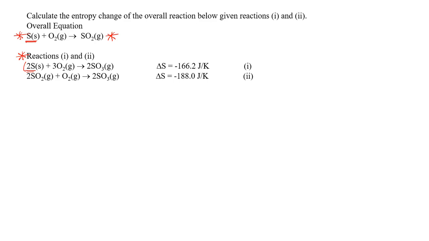You obtain 1 S by multiplying this equation by half, because half is going to reduce this 2 to 1. So you multiply the whole equation by half.